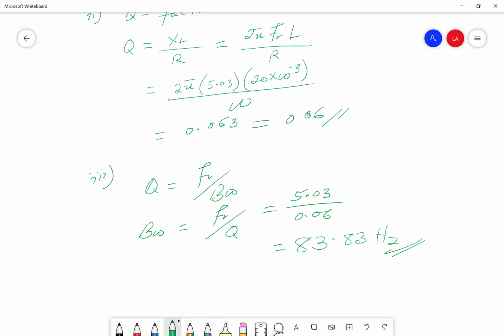Okay, so that is the calculation. So this is what is expected of you for the midterm.